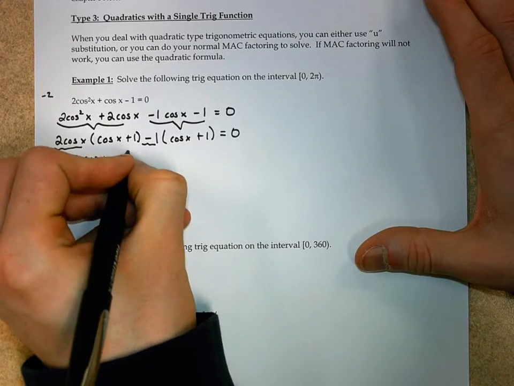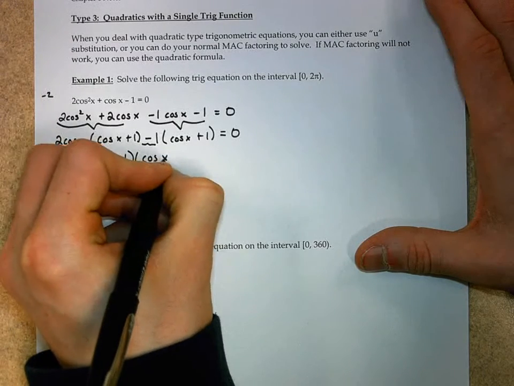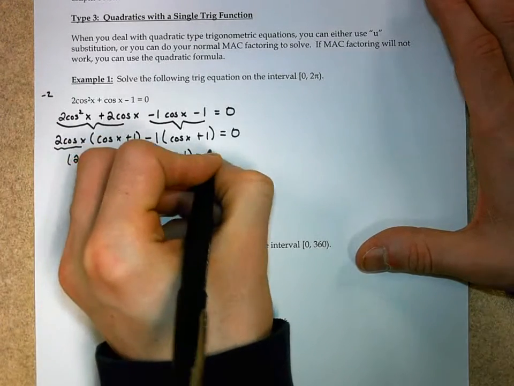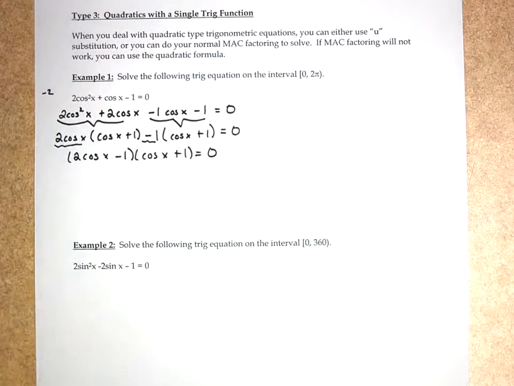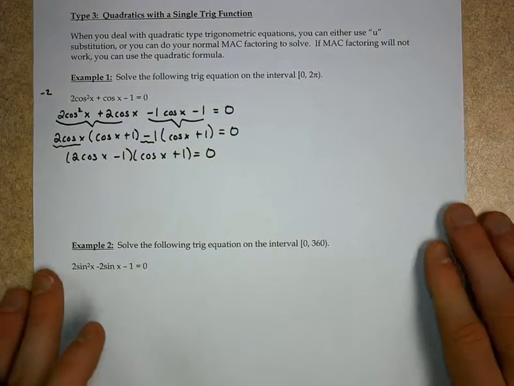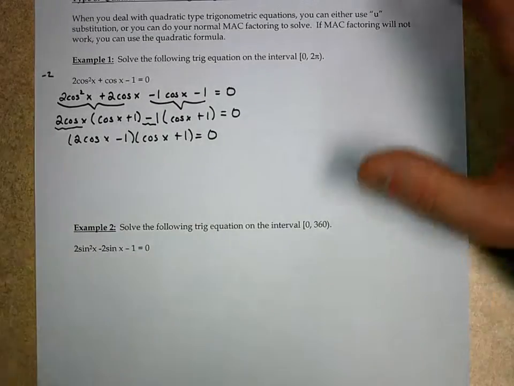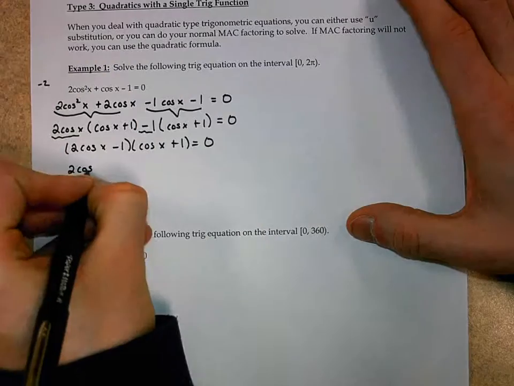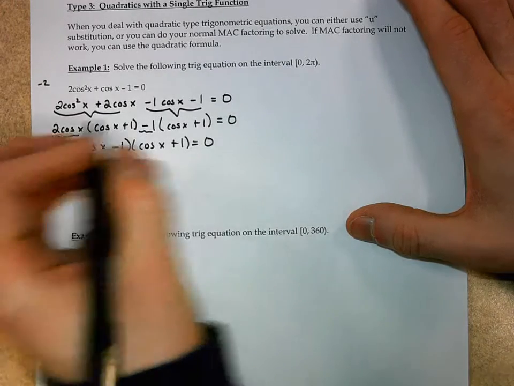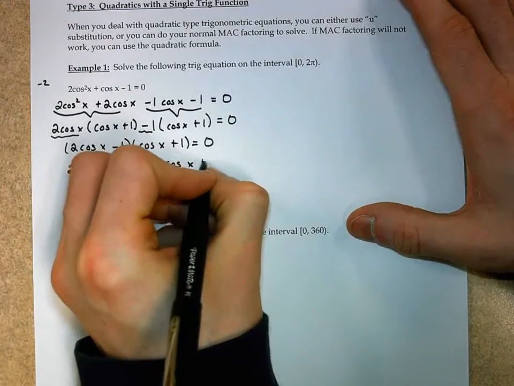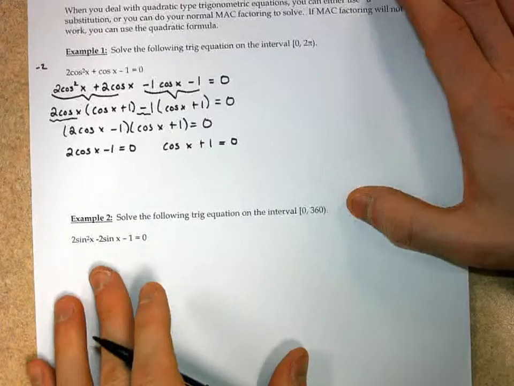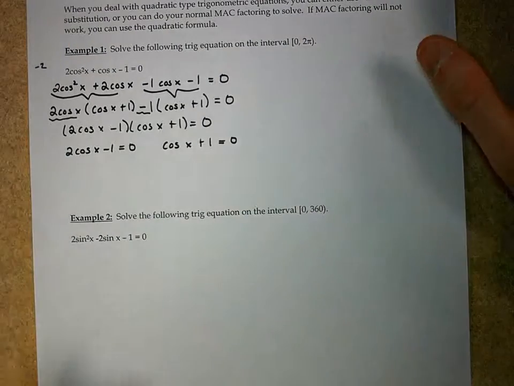So 2 cosine of x minus 1 and cosine of x plus 1 is equal to 0. And then since we've got two quantities multiplying to 0, let's set each one equal to 0. So 2 cosine of x minus 1 equals 0, and cosine of x plus 1 is equal to 0.